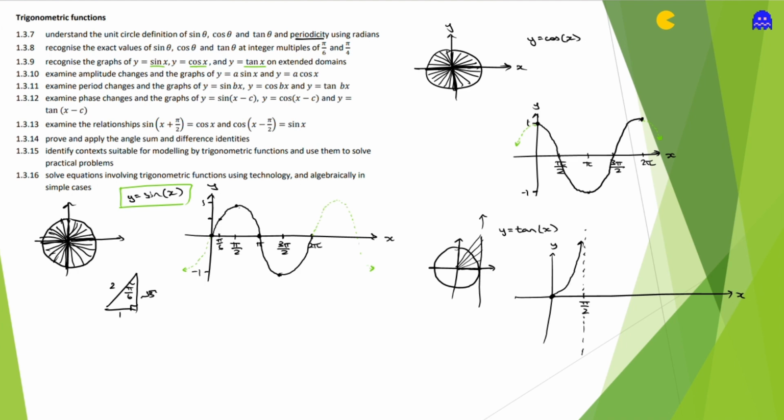Another important point we need to note in the graph of tan x is the point pi on 4. That's because if we look at our triangle here of 1, 1, and root 2, this being pi on 4, we know that tan pi on 4 is equal to 1. And so this point here will be equal to the point 1. Then if we extend here, we suddenly switch to a really negative number associated with y.